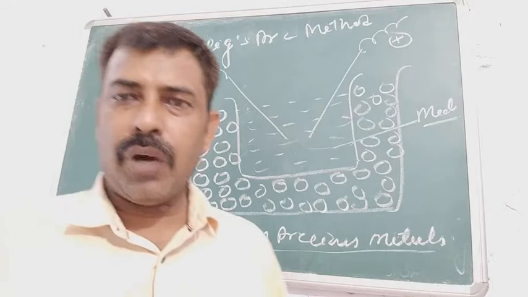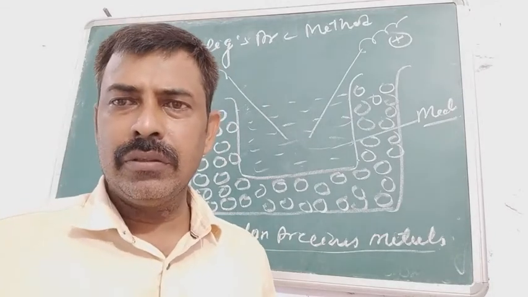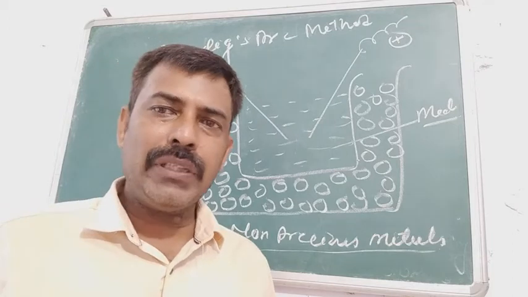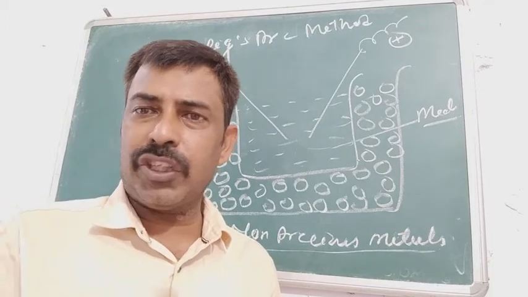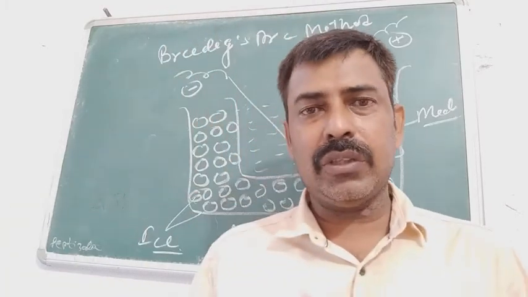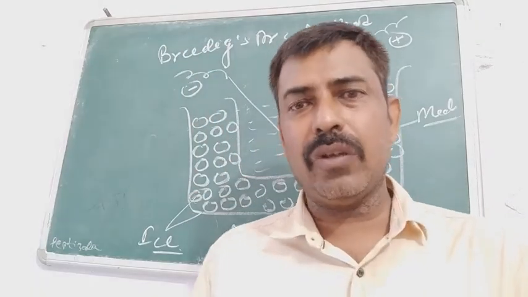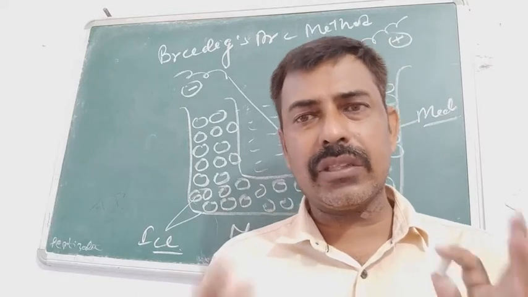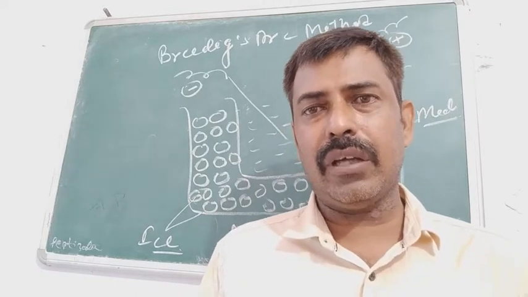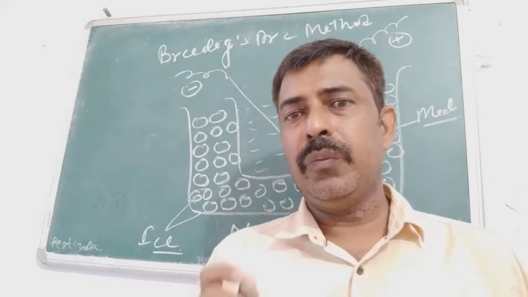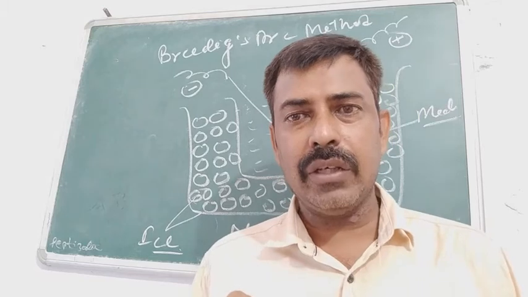Why metals? We have already discussed. Why non-precious? Because the process is a physical process, and the efficiency of a physical process is very low with respect to that of the chemical process. In the case of the chemical process, we can use precious as well as non-precious materials, but generally in the case of the physical process, because of the heavy loss of the material, we generally use only those materials which are non-precious by nature.